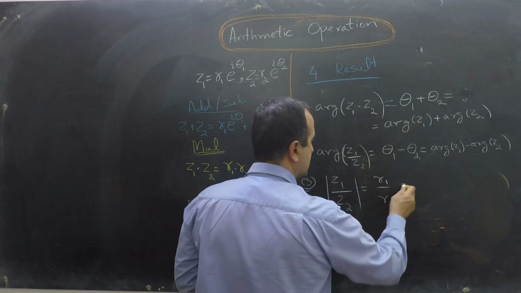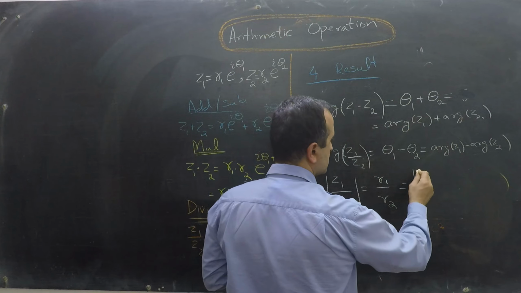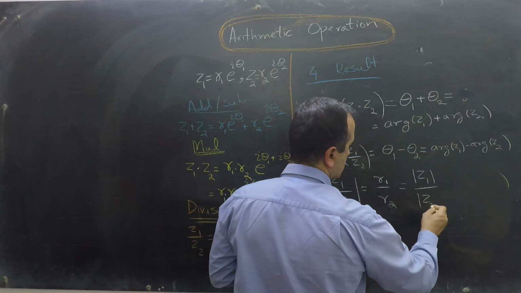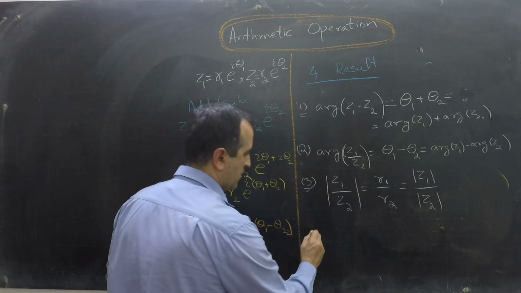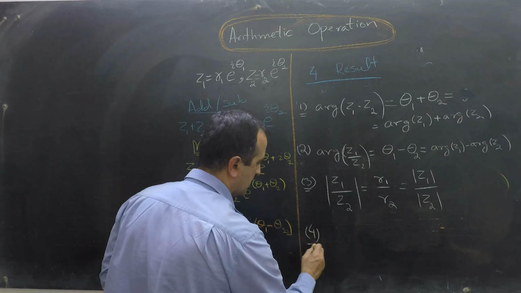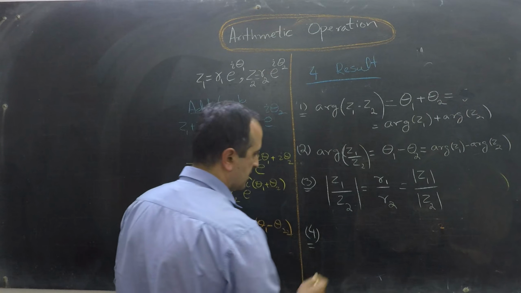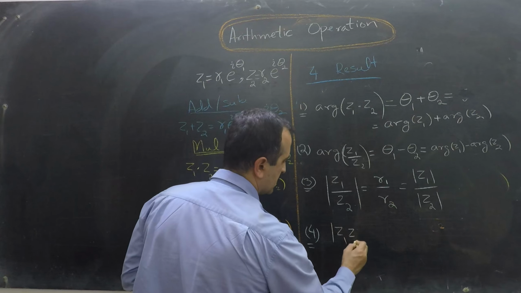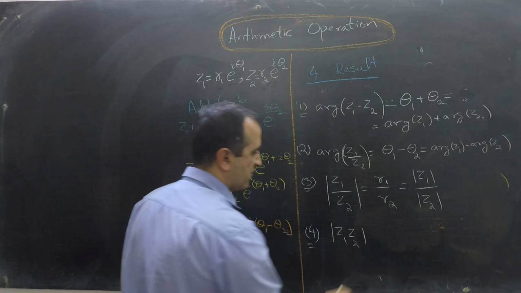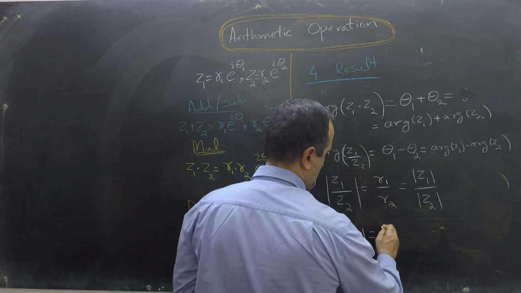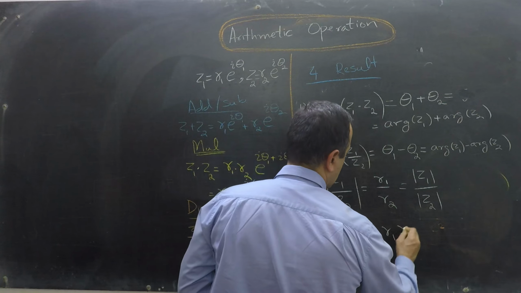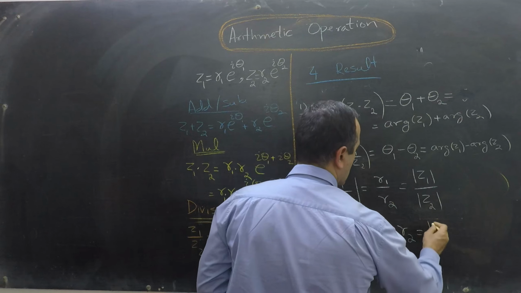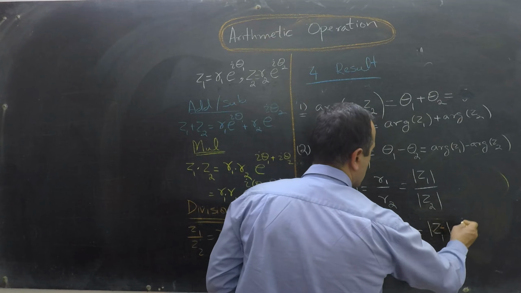That means it is equal to modulus of z1 divided by modulus of z2. My fourth and last important result is that if I say modulus of z1 times z2, then it will be equal to r1 times r2, and that means it is equal to modulus of z1 times modulus of z2.